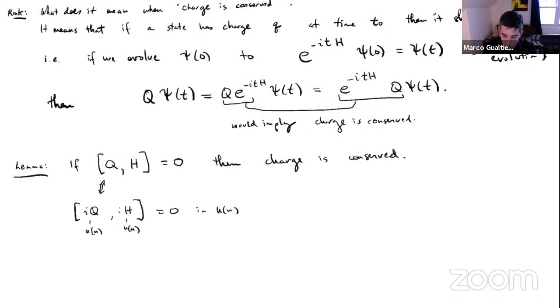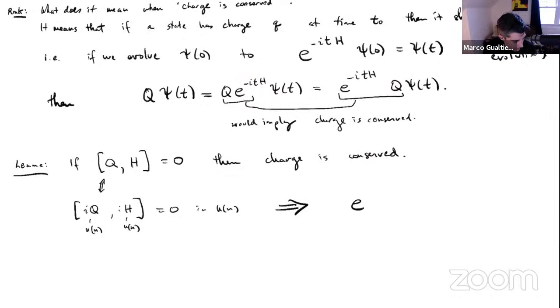So if this is the case, then e^{iθQ} will commute with e^{-itH}. You could see that in one way just in terms of the power series that determines this. The power series will have powers of H. H commutes with Q, so you could just take Q through the entire power series.